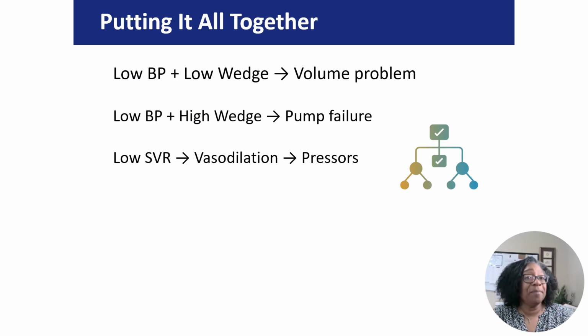So it's a pump problem, a heart failure problem. If the person has decreased systemic vascular resistance, so the vessels are dilated, that's going to lead to vasodilation, which is going to drop the blood pressure. And so you may see an order for pressors, which is going to cause vasoconstriction, which is going to raise the blood pressure. So let's do some mini cases.